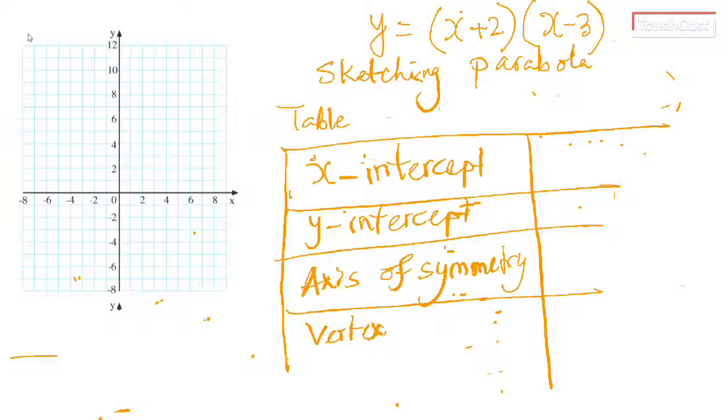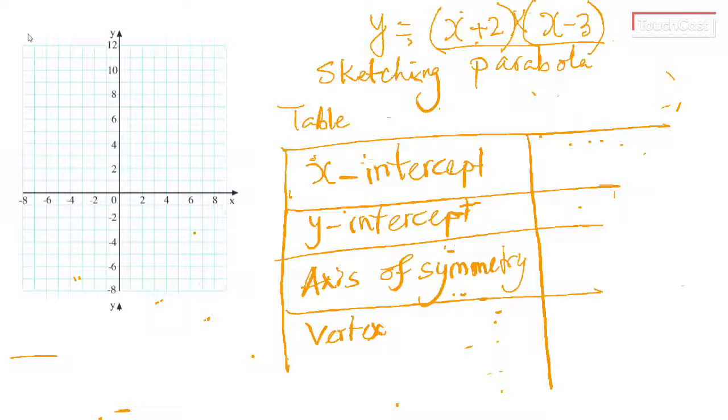Now I started off with a different equation so that I can highlight the intersections properly. So the equation is now y equals x plus 2 times, it's a hidden times, you can't see that, then open the bracket, x minus 3, close the bracket. So that's the equation.